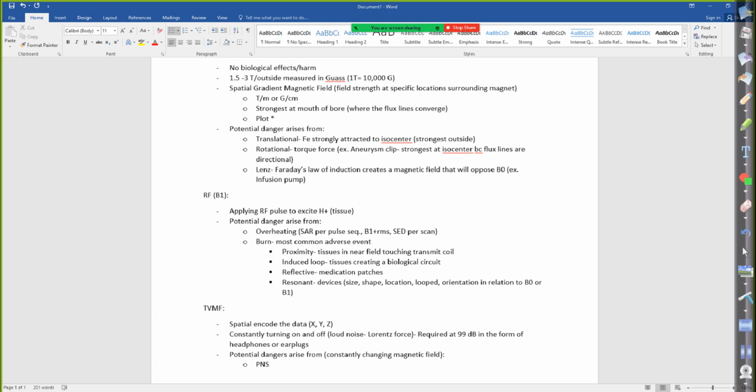And what's the seeing stars called? Magnetophosphenes. That's where we have the optic nerve, which is a conducting tissue, and a changing magnetic field creates a voltage in that tissue.